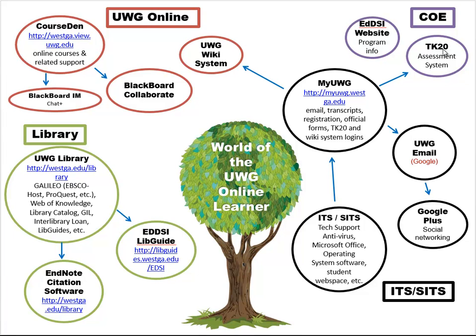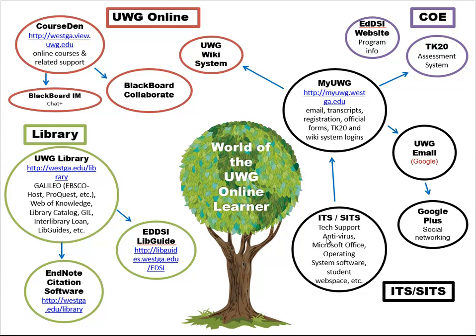All right, so finally let's talk about ITS and SITs. ITS, the main thing that they take care of is My UWG. Within My UWG, they're going to help you if you have trouble logging in, if you get locked out of it. These are the guys you call, ITS/student ITS.